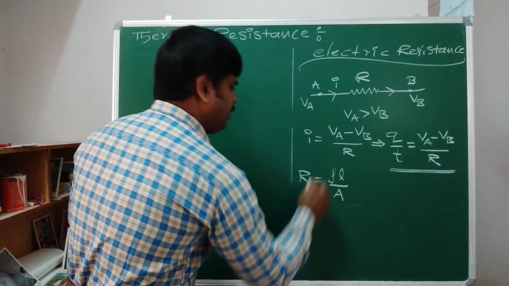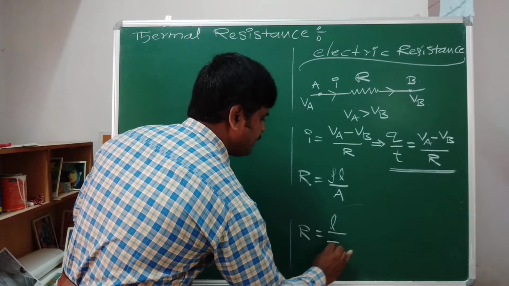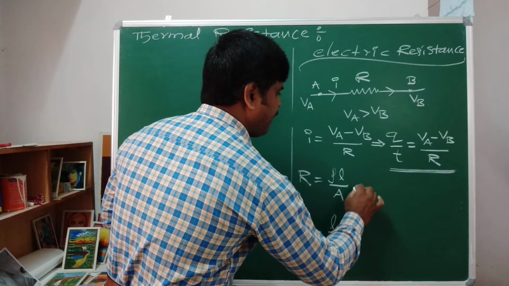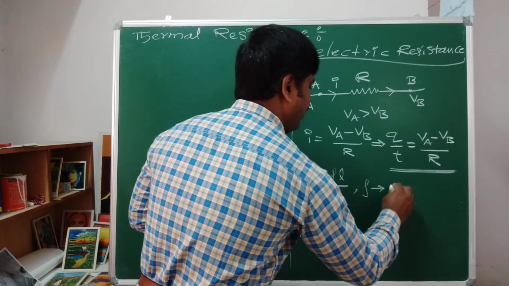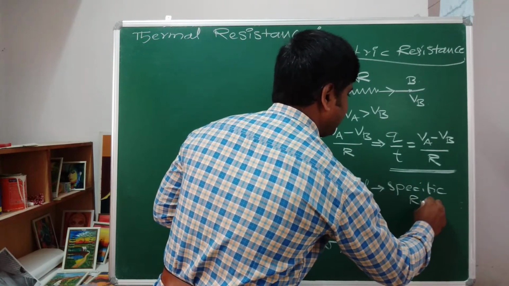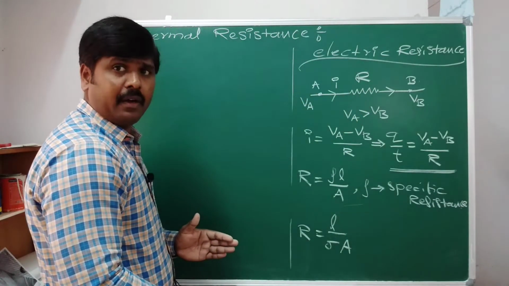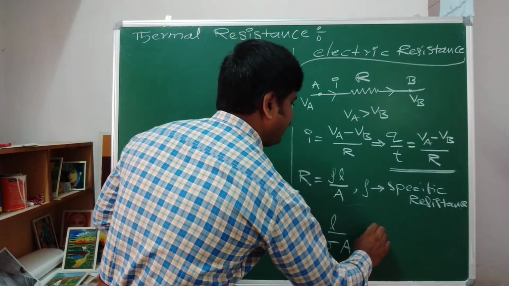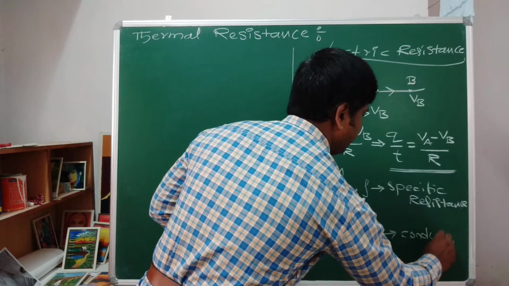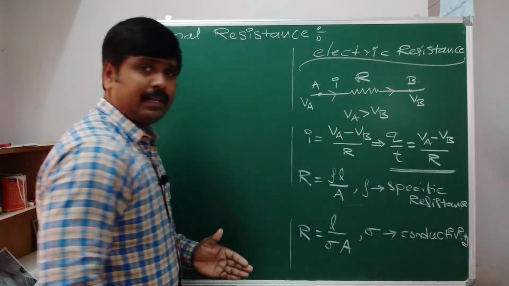And the second formula is R equal to L divided by sigma into A. Here rho is the specific resistance or resistivity, and sigma is the conductivity.